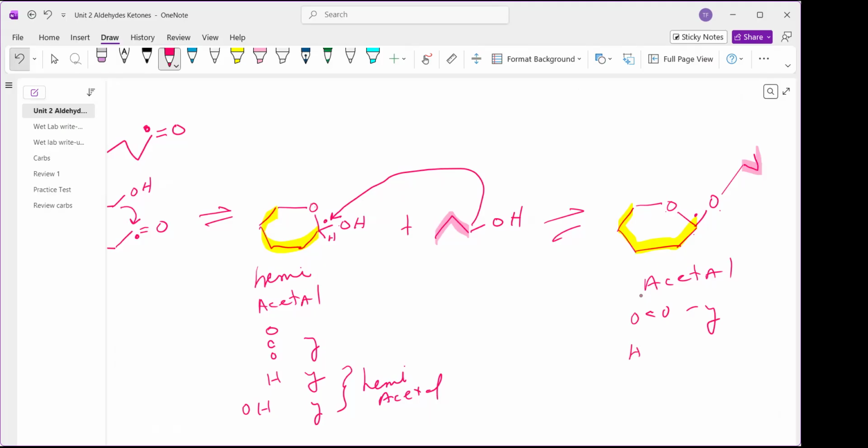H, yes. And OH, no. So that makes that the acetal. Now your dry lab for unit 2 has lots of practice using this stuff.